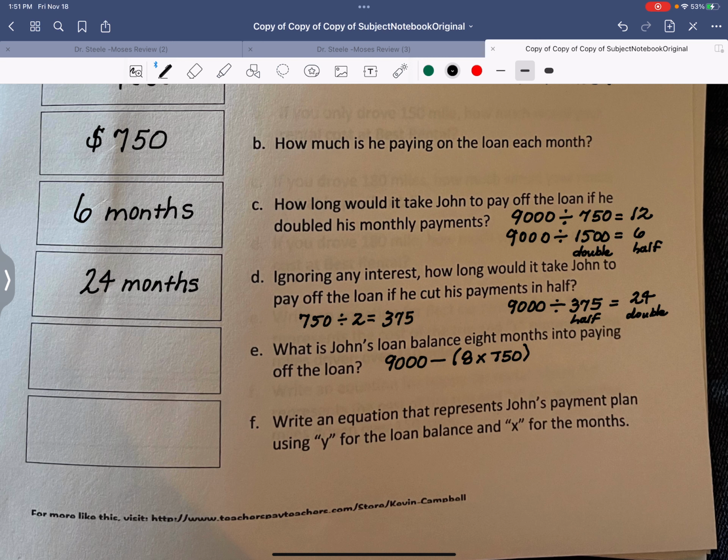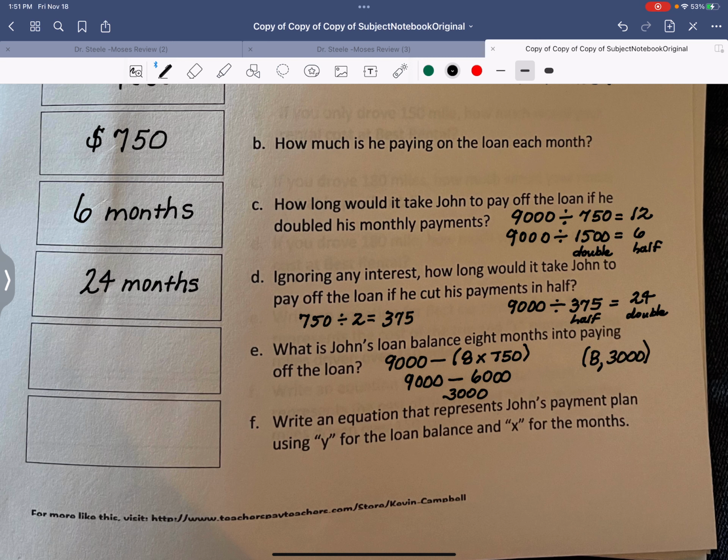So first I'm going to take 750 times 8 to get 6,000. And then 9,000 minus 6,000 is 3,000. So what this is telling me is that at 8 months, the balance is 3,000.